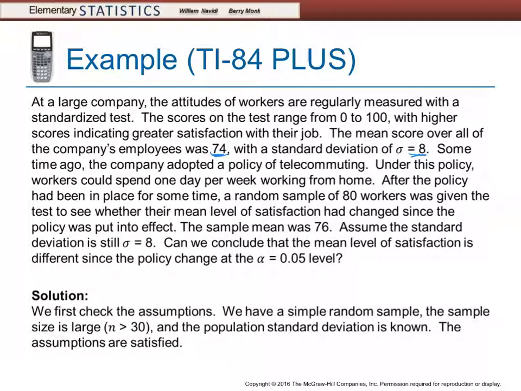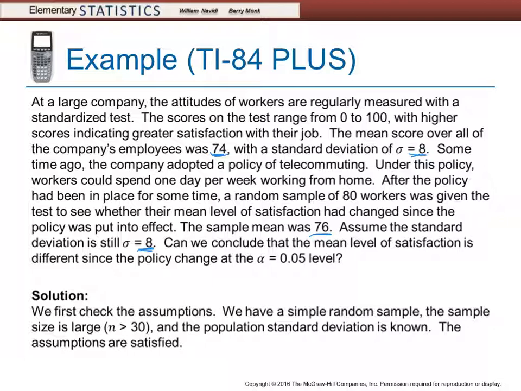After the policy had been in place for some time, a random sample of 80 workers was given the test to see if their mean satisfaction level had changed. This new sample mean for scores was 76. We again still assume the population standard deviation of 8.